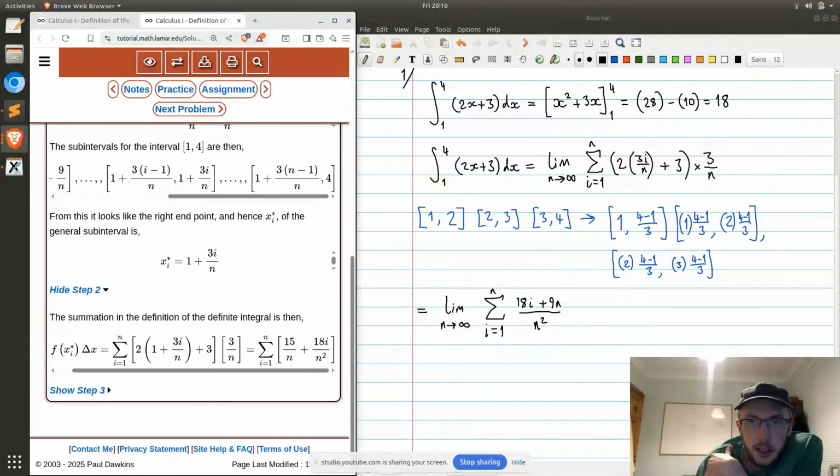The right endpoint is not 3i over n, okay? Because if you plug in 1 and 3 there, you do not get 2, you get 1.